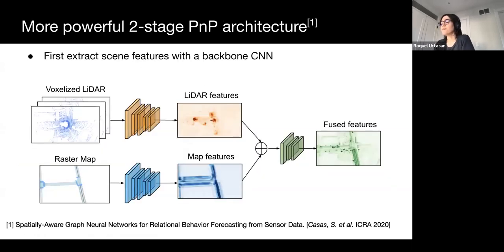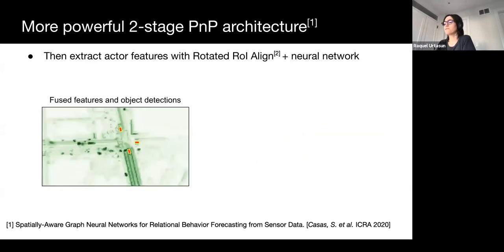To do so, we can extract features from lidar maps, as we have seen before, and fuse them. Once we have rich features from the whole scene, we can obtain object detections shown in red. Let's focus on one of the vehicles. Since we know the information ahead and to the side is the most relevant, we attribute this region of interest to the actor.